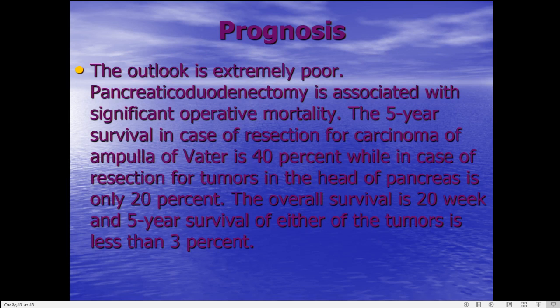Prognosis, the outlook is extremely poor. Pancreatoduodenectomy is associated with significant operative mortality. The 5-year survival in case of resection for carcinoma of ampulla of Vater is 40%, while in case of resection for tumor in the head of pancreas is only 20%. The overall survival is 20 weeks, and the 5-year survival of either of the tumors is less than 3%.